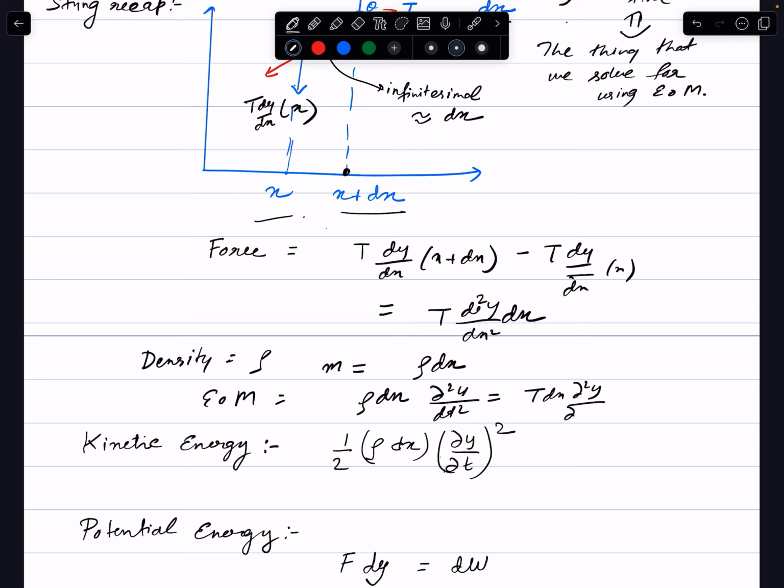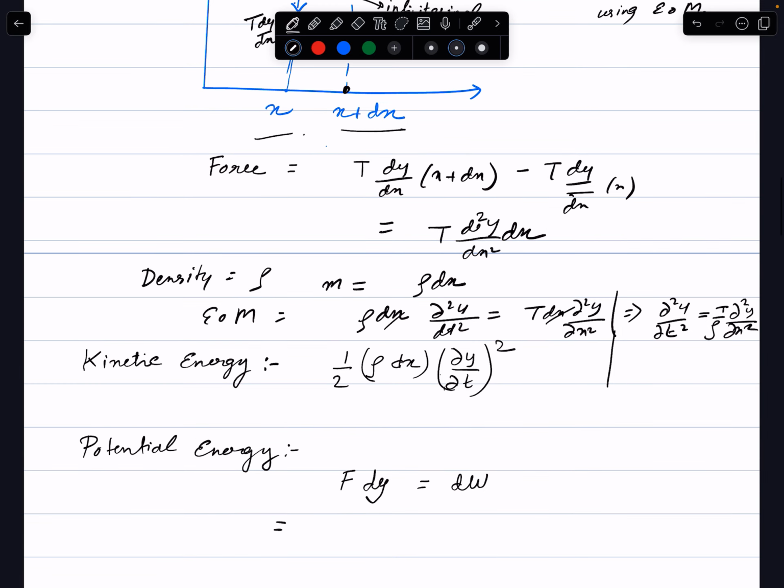T dx del 2y del x2, which gives me del 2y del t2 equals T by rho del 2y del x2, by cancelling the dx on both sides. Okay, so this was what we had done last time. This is the equation of motion.